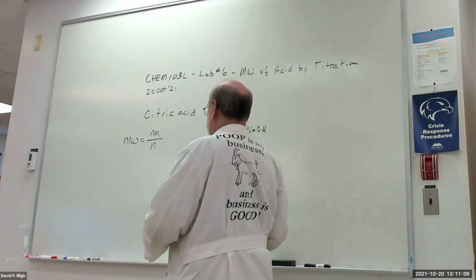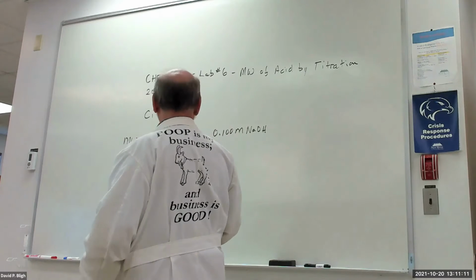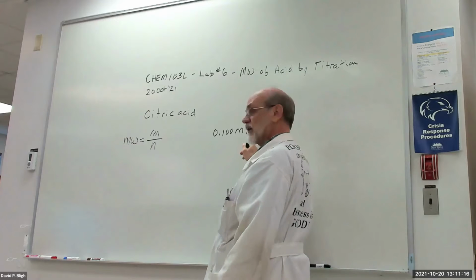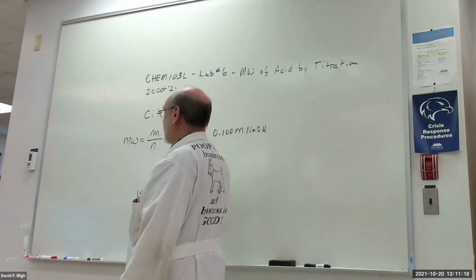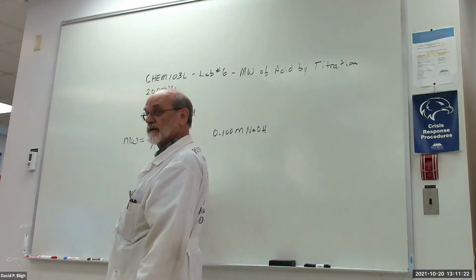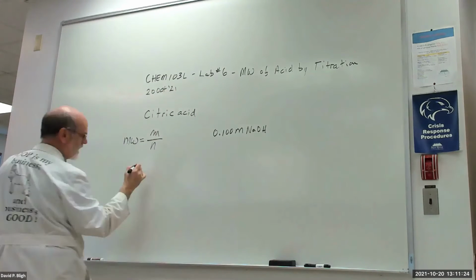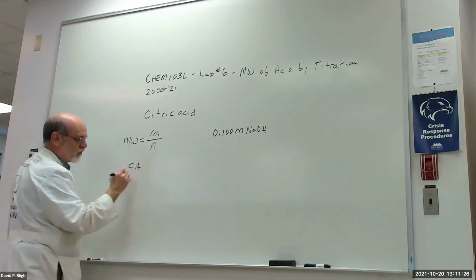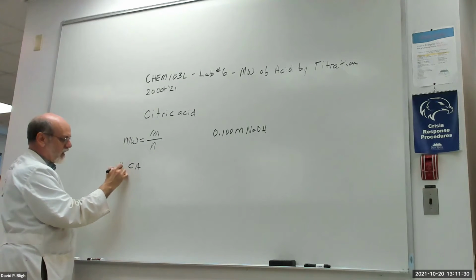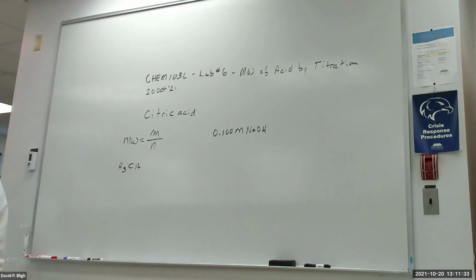Okay? All we need to know is how many acidic hydrogens are attached to this molecule. So if I say I use Ca as my abbreviation, and then I also know that there are 3 hydrogens per molecule.